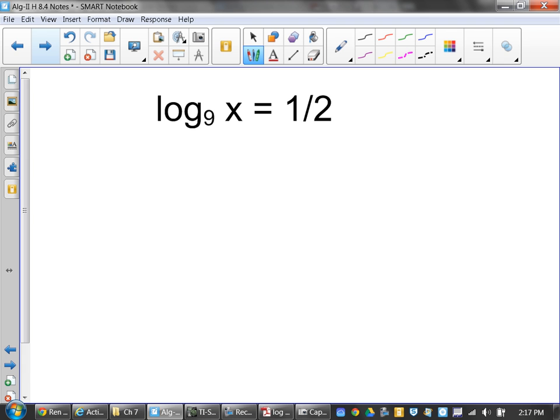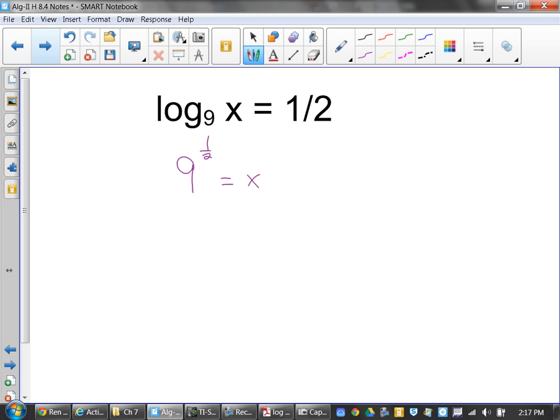For example, if I want to figure out this, solve for x. This is log base 9 of x is 1/2. Well, I can't really solve it when it's sitting like this, but if I rewrite it into exponential form, 9 to the 1/2 equals x. What does the 1/2 power mean?